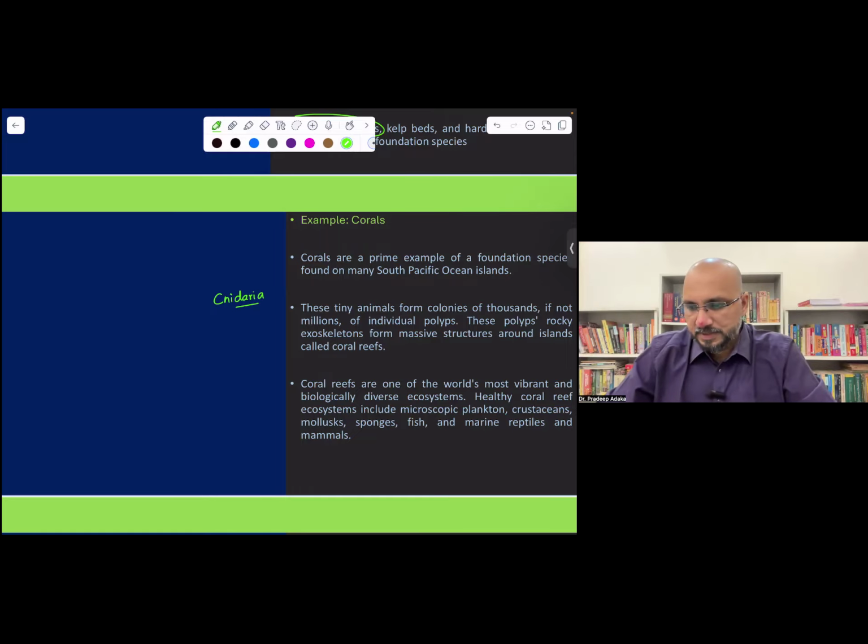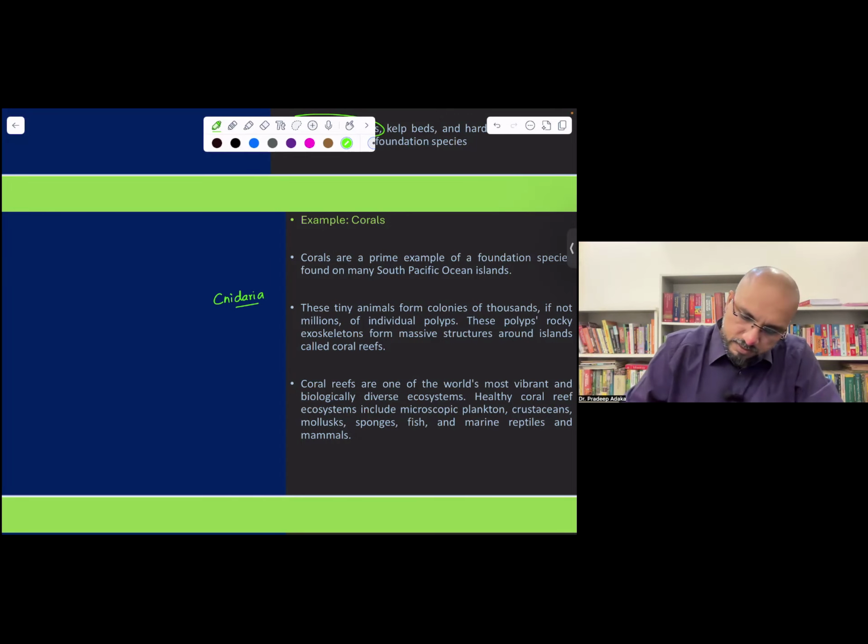Okay. Now, so these corals, these are tiny animals. Again, corals can be solitary and colonial. दोनों टाइप के होते हैं. Okay. So these tiny animals form colonies of thousands, if not millions, of individual polyps.